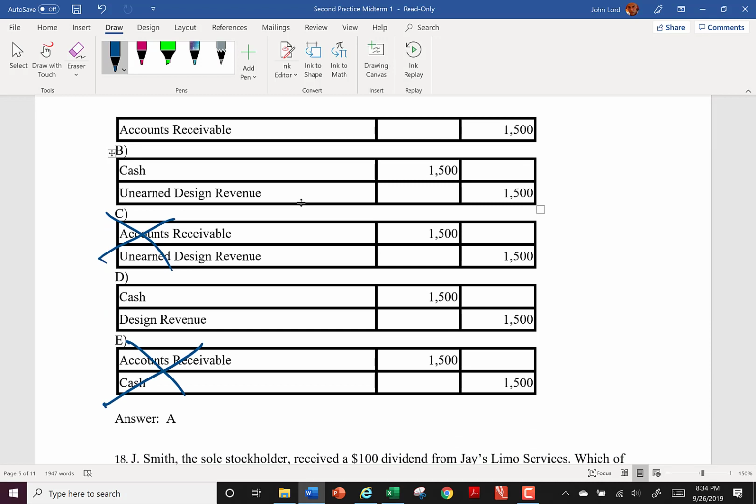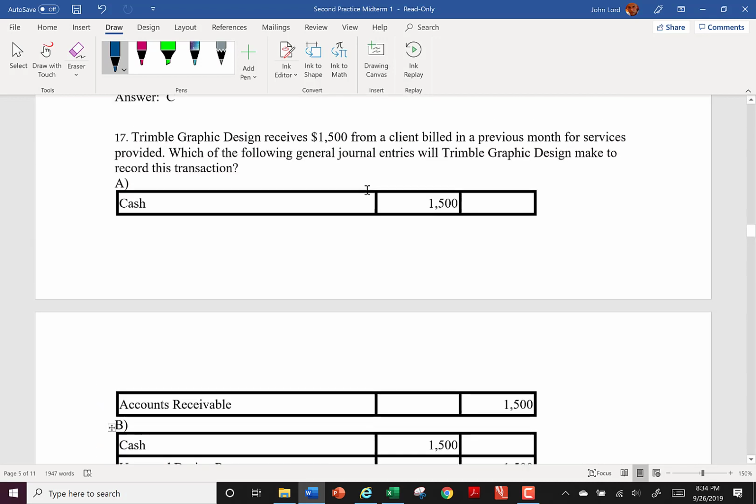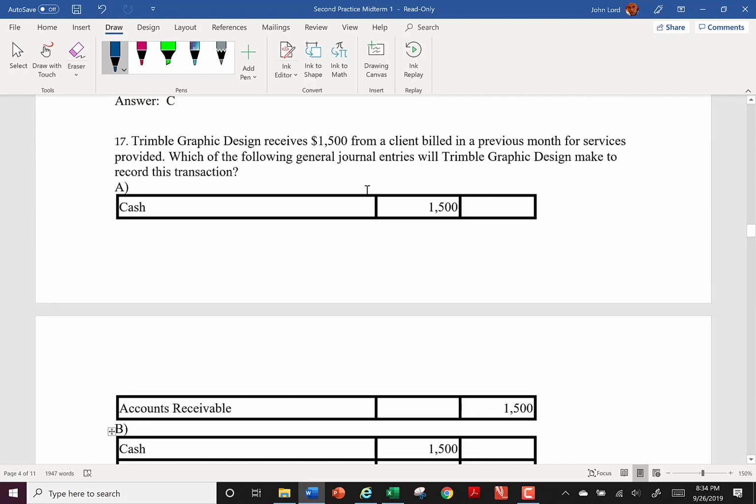Now, if we already provided the service, what we should have done at the time that we provided the service was debit accounts receivable for this $1,500 and credit the revenue, right? Because we take revenue when we provide the service. It says we had already provided the service in the previous month, so we should have set up a receivable, taking the revenue at that time. And then in the next month when they pay us, we know we're going to debit cash.